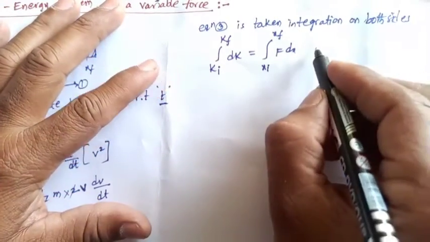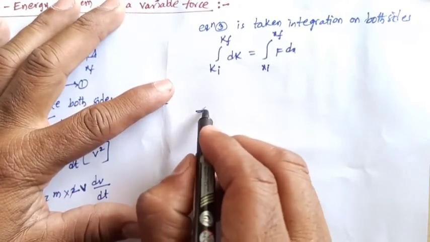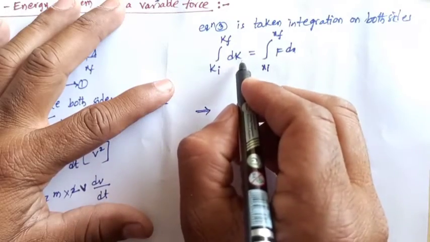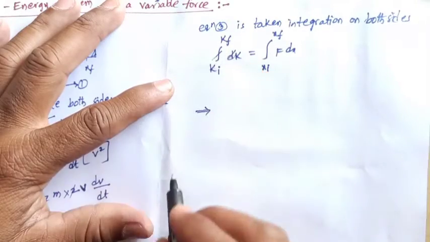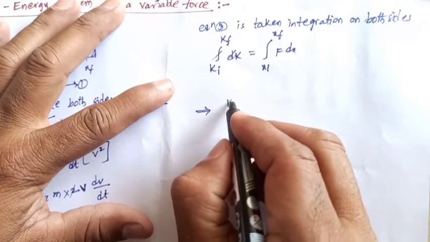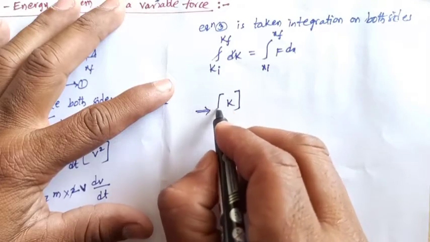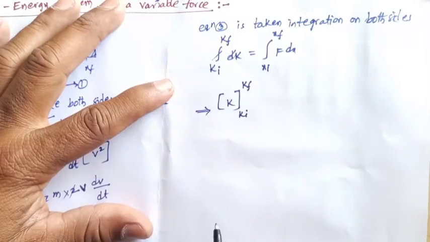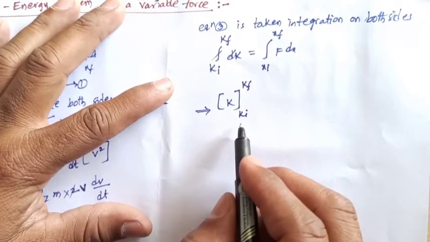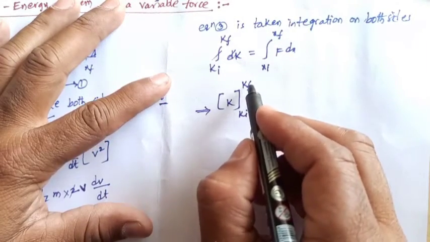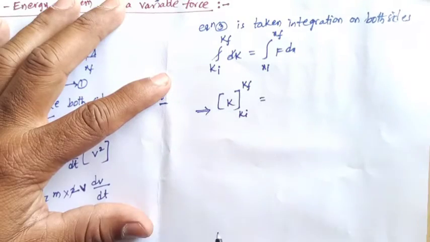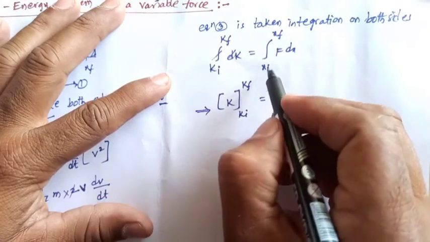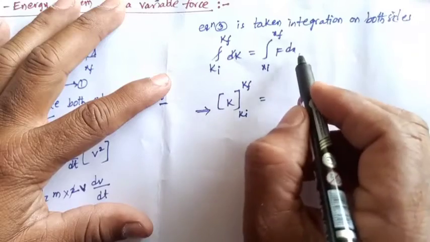From this equation, integration and differentiation cancel, so K with lower limit Ki and upper limit Kf equals integration from xi to xf of F dx.